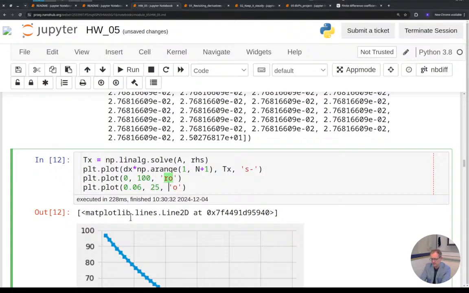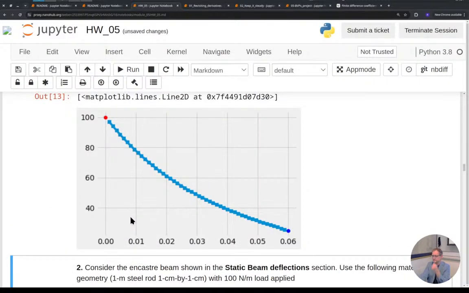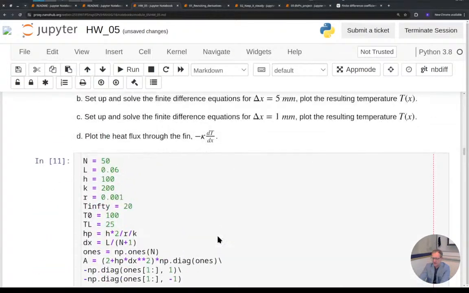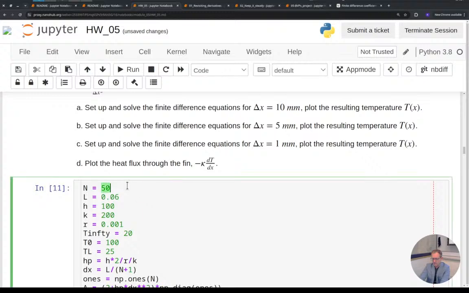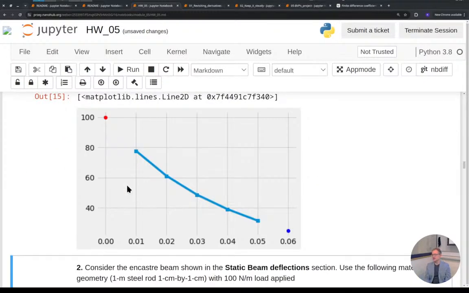So we'll make this a red circle and a blue circle. If we want to plot those 2 points on there, saying here's my heat source and here's my heat sink. And that way, even when we do just the 5 data points, we can still see it's approximating that curve pretty well to go from heat source to heat sink.